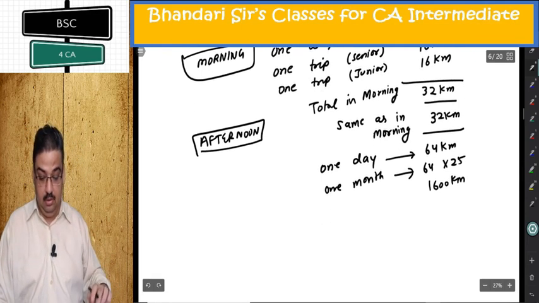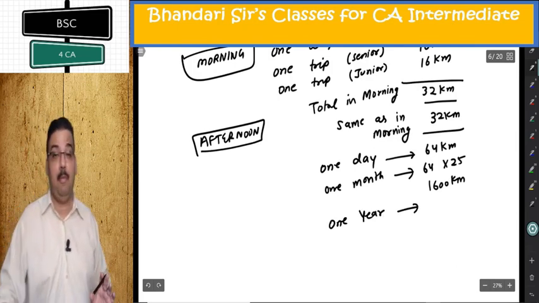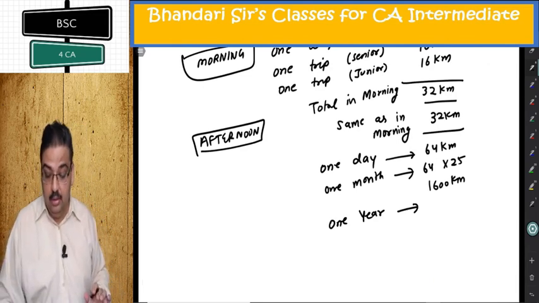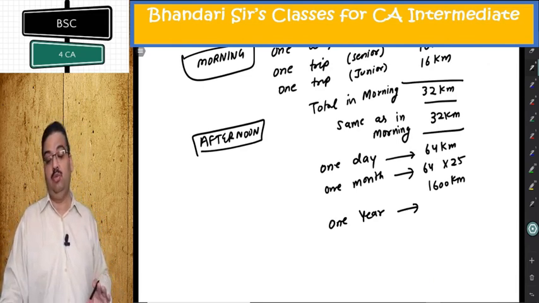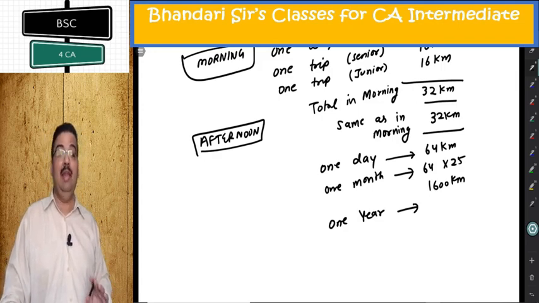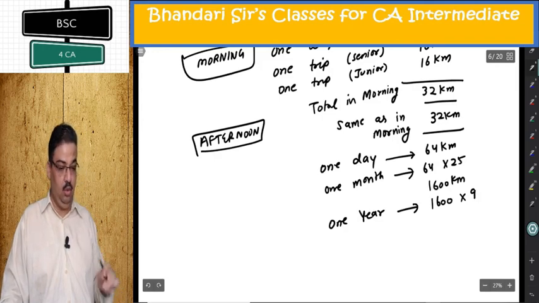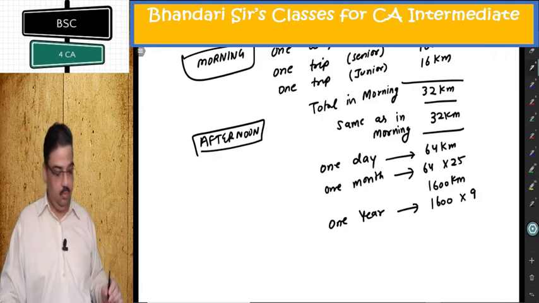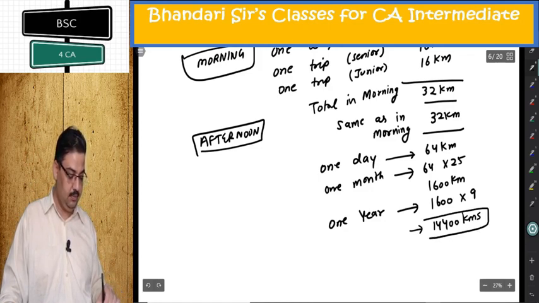1 year. The question tells me further, this is for one bus, remember. In 1 year, there is vacation in May, June and December, so it is working only 9 months in the year. 1600 into 9, so one bus is working 14,400 kilometers.